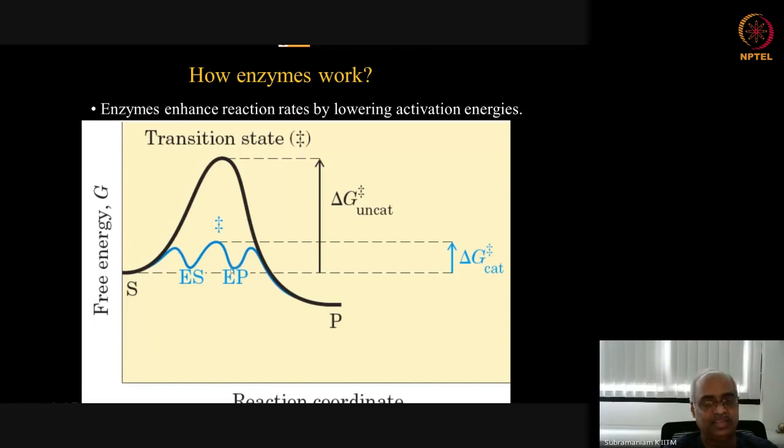So this is a three-step reaction, with two intermediates being formed. In that, this ES to EP is the one that requires the highest, and therefore we call this the rate limiting step.